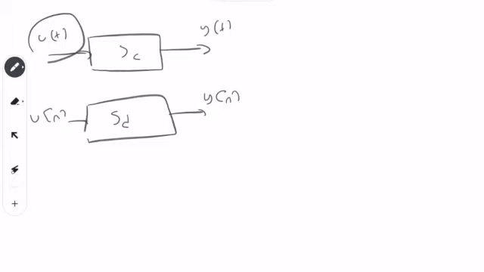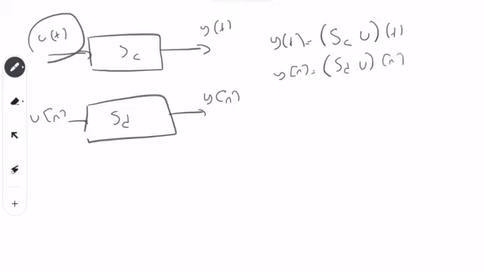Of course, the system properties are different. Mathematically, we show a system like this: y of t is equal to S_C of u, or in the discrete case, y of n is equal to S_D of u.